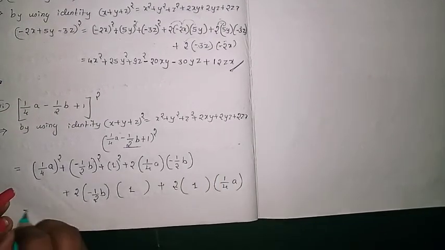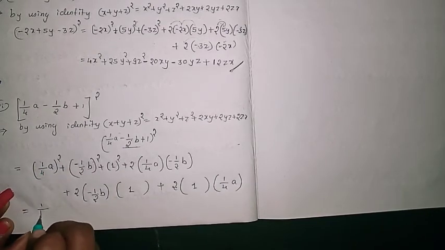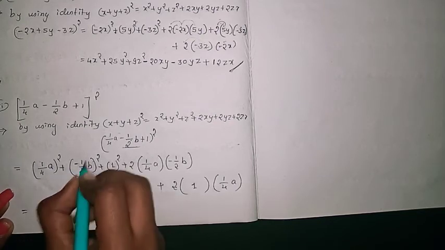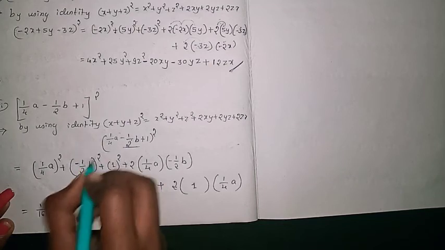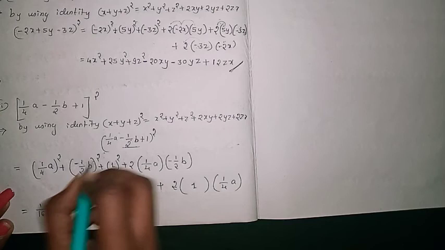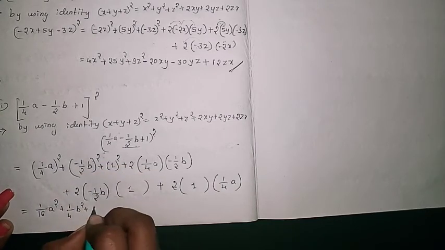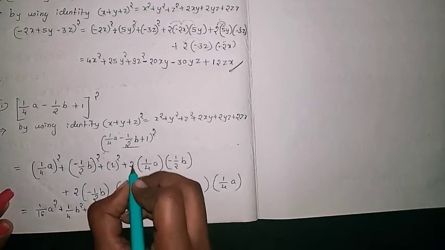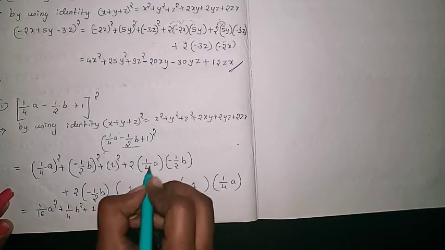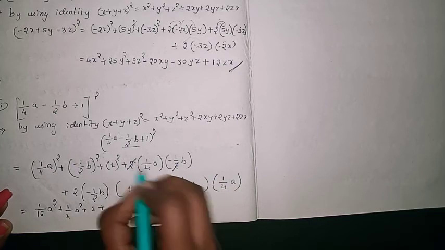Now 1 square is 1, 4 squared is 16, so 1 by 16 a square. Not minus, plus, because the minus becomes square of that term. 1 square is 1 and 2 square is 4, so b square by 4, and plus 1 square will be 1. Here you observe 2 is there and 2 is there, so you can cancel, because it is divisible, so the 2s get cancelled.